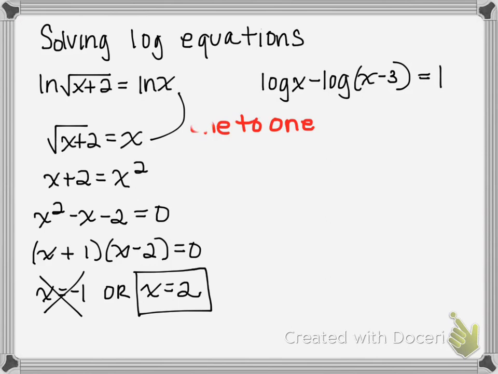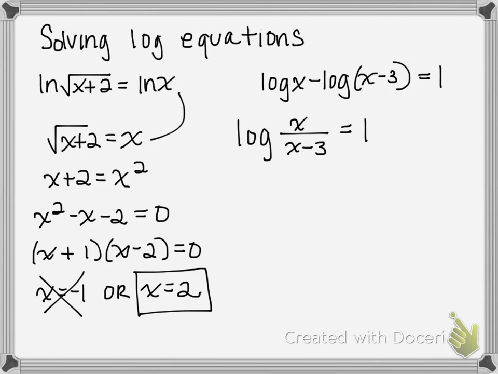Okay, on the right side here, let's see what we've got. I'm going to use division, the quotient property, to combine these into a single log expression. And then we are going to use the definition of a logarithm.